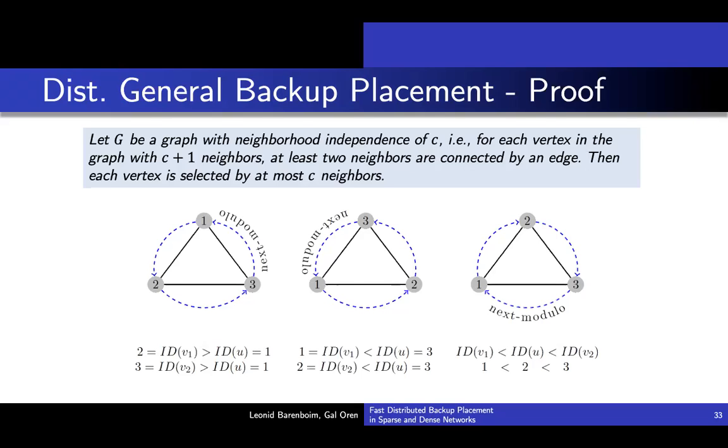Since the neighborhood independence is C, at least 2 vertices, V1, V2, of the C plus 1 vertices are connected by an edge. Therefore, a triangle U, V1, V2 is formed in the subgraph induced by the edges selected by the algorithm. We will prove our claim by examining each of the 3 possible triangle scenarios.